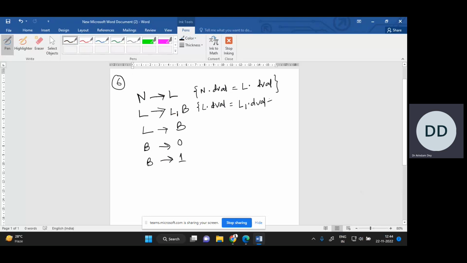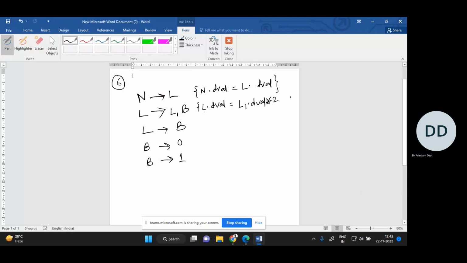Initially I wrote L1, then erased it to avoid confusion, and later I put L1 again, because in the semantic rules, to denote that this L is different from this L, meaning this value is different, I put L1. Otherwise you may put the same values over here.